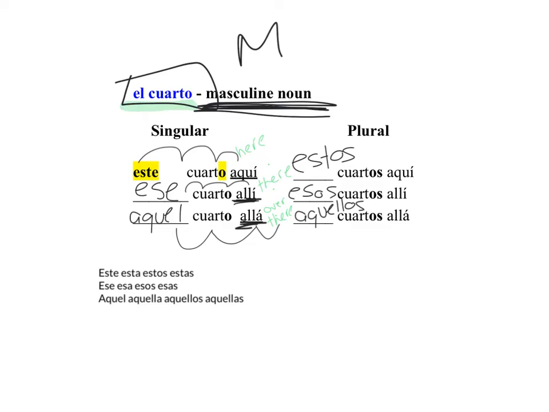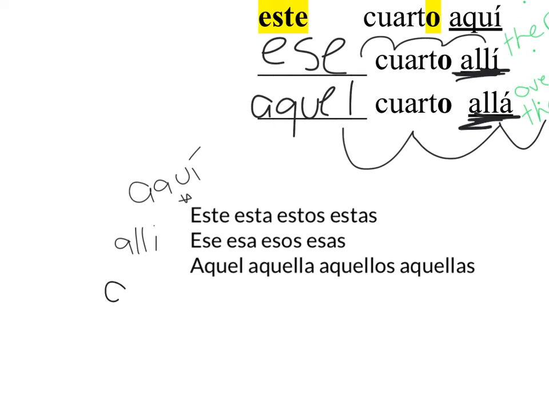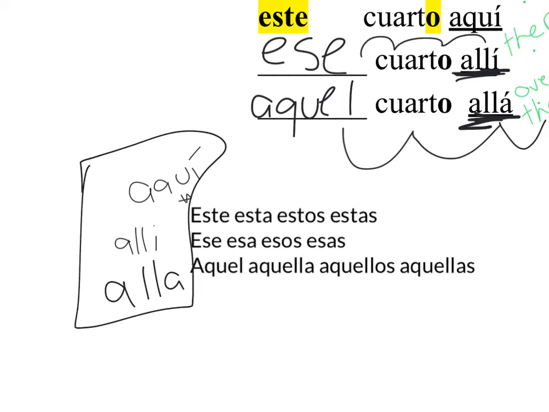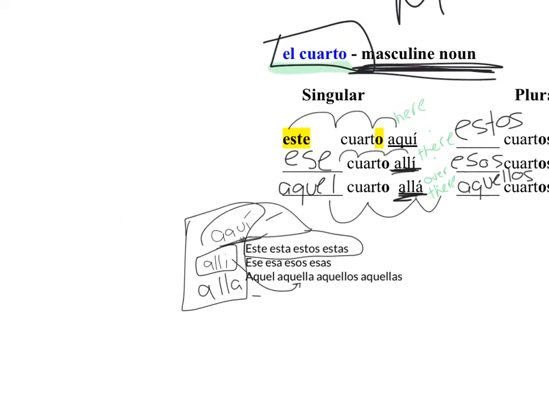And it's up to you to make sure that you know that este, esta, estos, estas only go with aquí. Ese, esa, esos, esas only go with allí. And aquel, aquella, aquellos, aquellas go with allá. So I always teach my students aquí, allí, allá. Here, there, over there. So if you see the clue word, then you can only use those four options. So you cannot have a word that says allí with aquellos. You can't cross them. Okay?